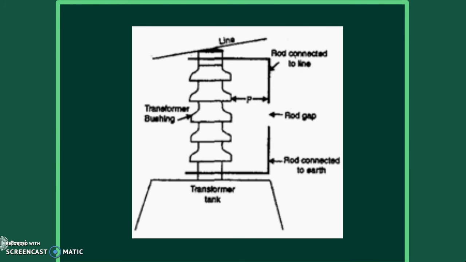The gap setting of the arrestor should be such that it should break down before the damage. When high voltage occurs on the line, the gap sparks and the fault current passes to the earth. Hence, the equipment is protected from damage.